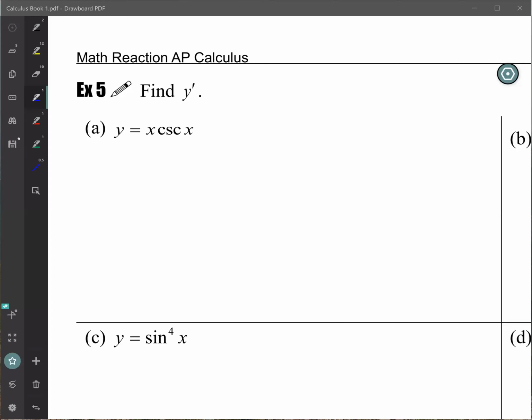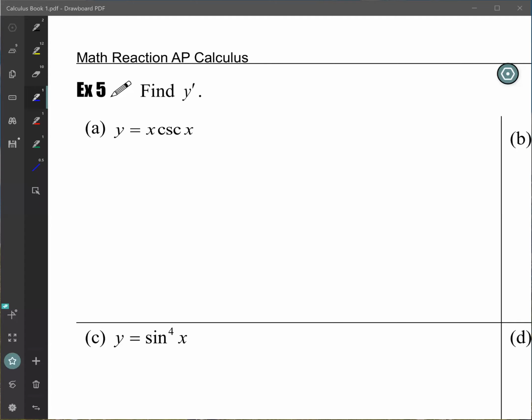And then cotan prime is negative cosecant squared. Mm-hmm. And the last one, cosecant squared is... No. Wait, cosecant what? Prime. Cosecant prime. Oh, cosecant prime is negative cosecant cotan.